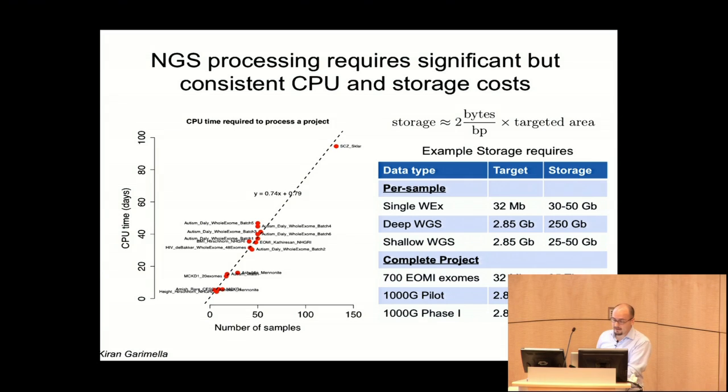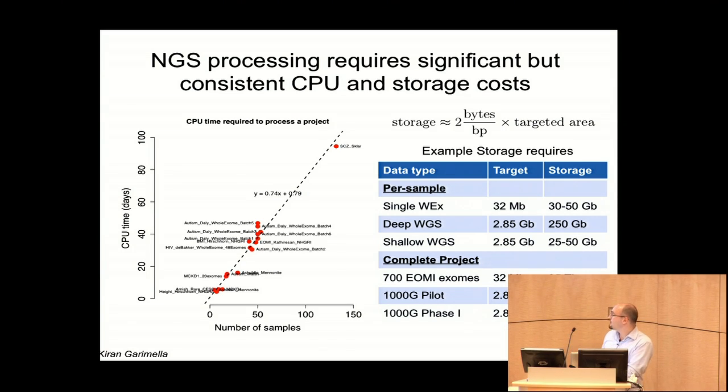The other side of that is it's also expensive to store the data. A good estimate here is it takes 2 bytes per base pair generated, and that's obviously times the targeted area. So here are some numbers about the cost per sample to store exomes, whole genomes, deep or shallow. I think these are actually complete projects down at the bottom. These are more representative of what it's really like to be working with next-gen sequencing data, because it's not just one exome. Hardly anybody works with one exome.